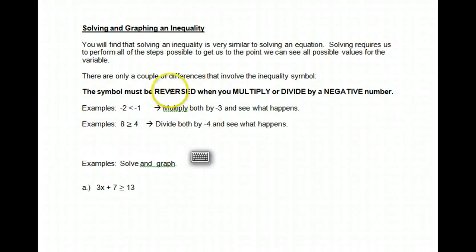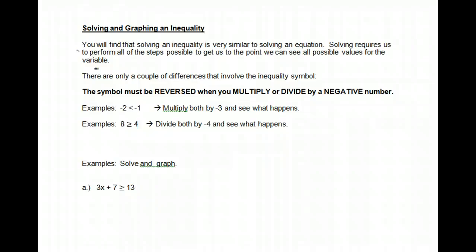Solving requires us to perform all of the steps possible to get to the point where we see all of the possible values for that variable. And what that means is that we're getting down to the inequality where the variable is isolated and the numbers are on the other side.